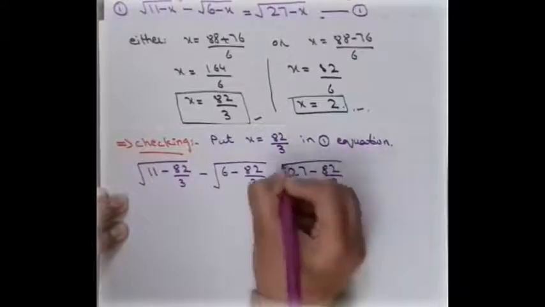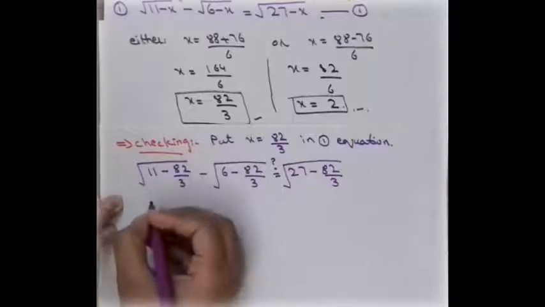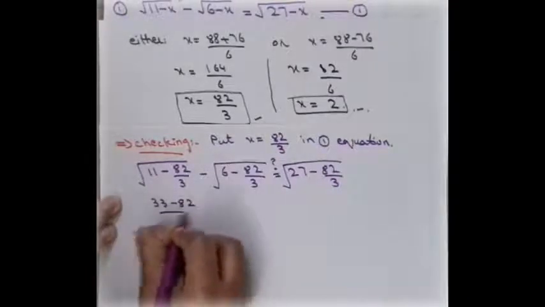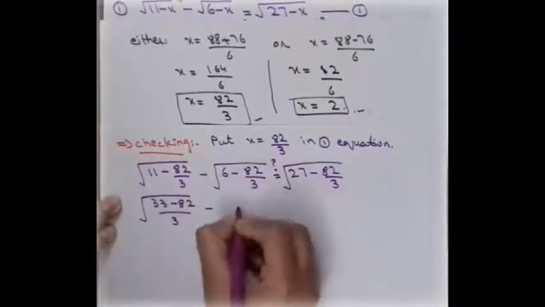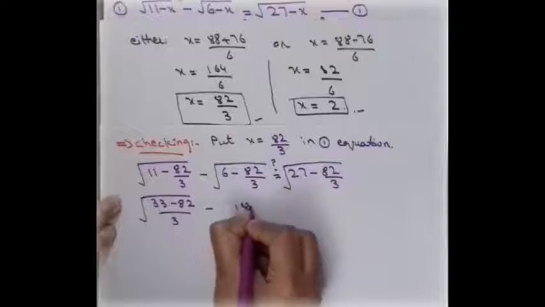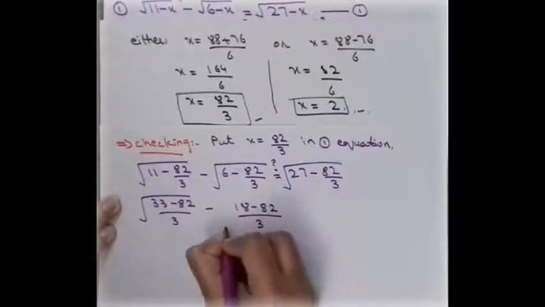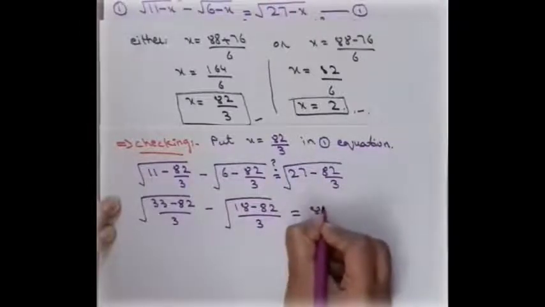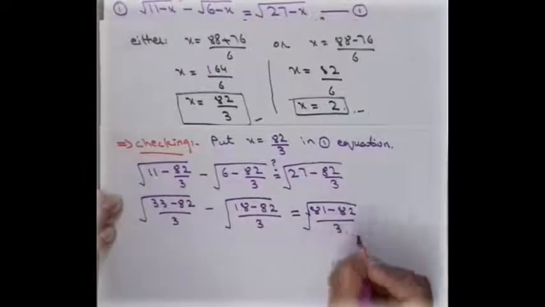Now check whether this equality holds. Again, taking the LCM of these terms, we have 81 minus 82 divided by 3 under the root.